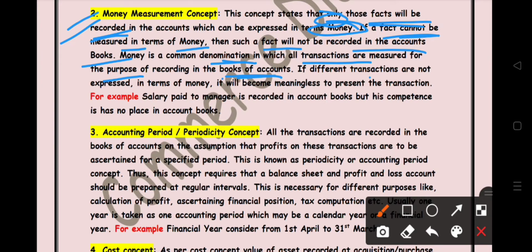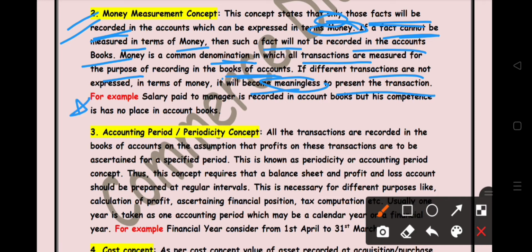If different transactions are not expressed in terms of money, it will be meaningless to present them. So if any kind of transactions are not defined in monetary terms, they will be totally meaningless or unnecessary to record in our books of account.